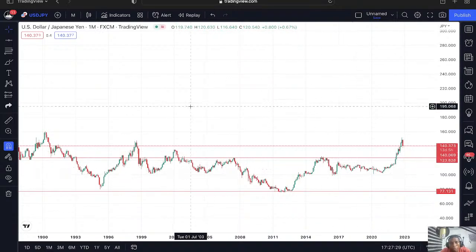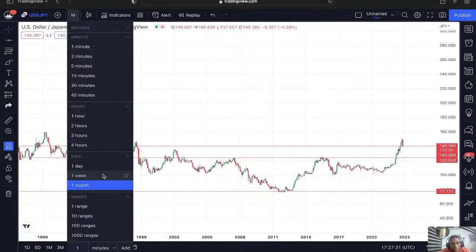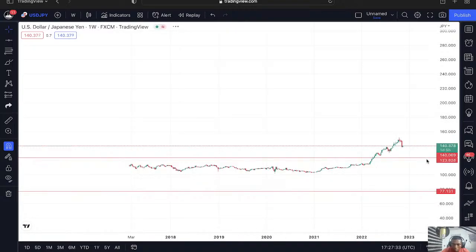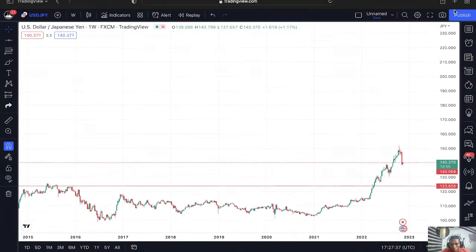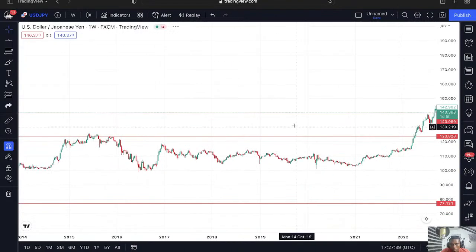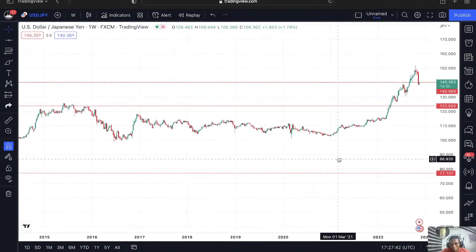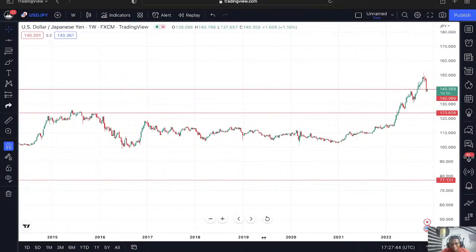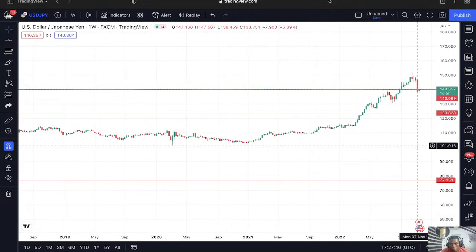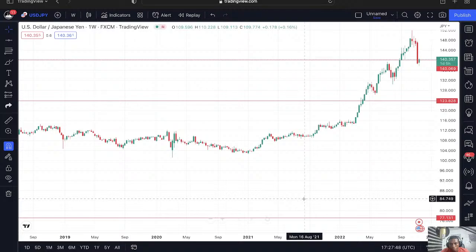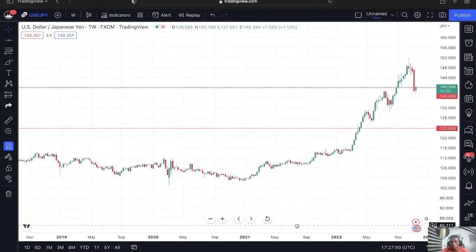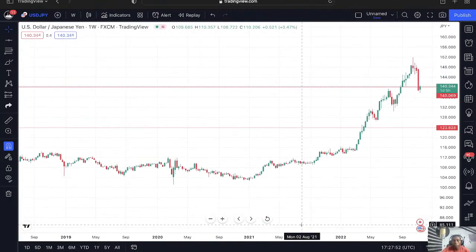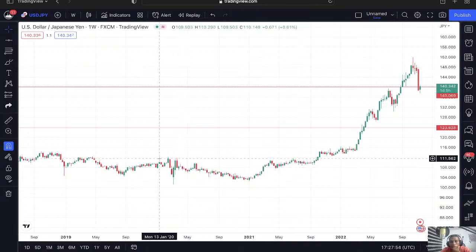All right, let's look at the weekly time frame. What is the weekly time frame saying? So here is the weekly time frame.